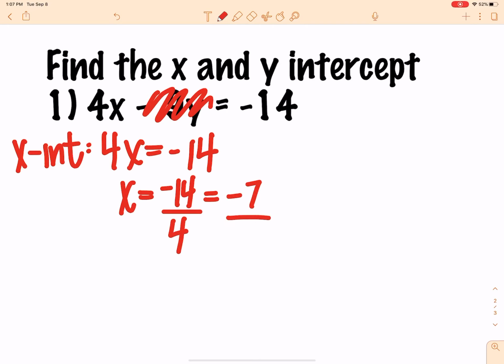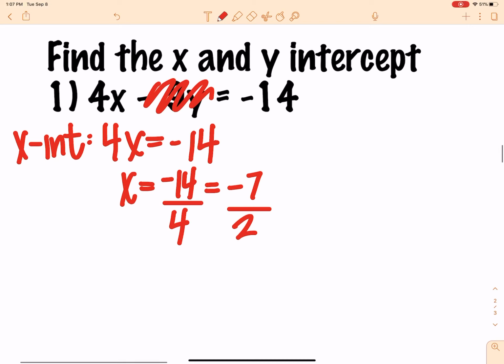And we always reduce: negative 7/2. And no, we don't do decimals. We do fractions always in higher math. So then you have to write it as a coordinate. I know sometimes on ALEKS it'll accept negative 7/2 as your answer, but on your test you need to write it as a coordinate. So as a coordinate, your x-intercept, like if you're going to plot this intercept on a graph, would be negative 7/2, comma 0. That's your x-intercept.